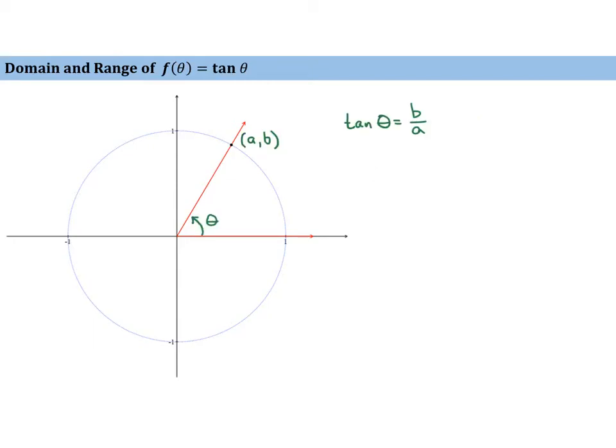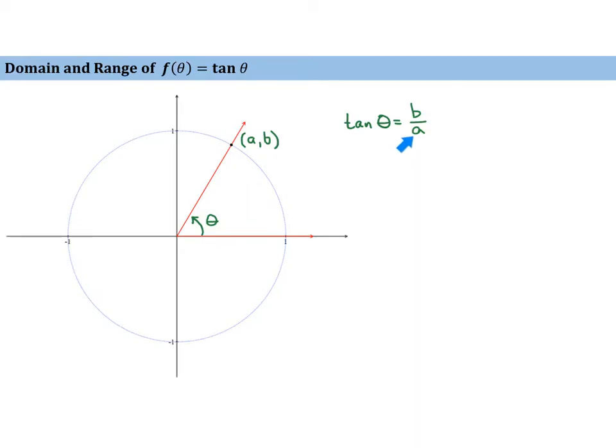Let's look now at the tangent of theta as a function and determine its domain and range. This is a little bit more complicated, but to figure out what theta is not allowed to be, let's look at the output and see any problem values that would arise. Our output would be problematic if A would be 0.